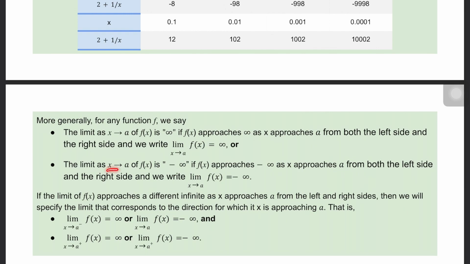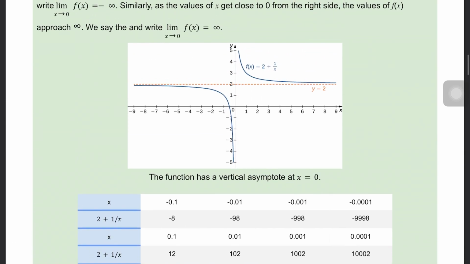Or we can say that as x approaches a, f of x approaches negative infinity, from both the left side and the right side. Then the limit as x approaches a is negative infinity. That is the case where both sides point to negative infinity, or both of them point in the positive direction.